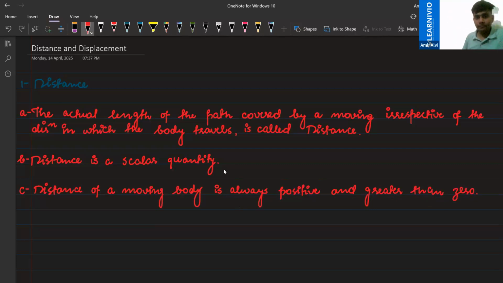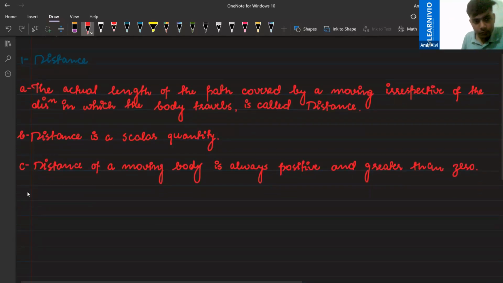I hope it's clear to you. Next would be the SI unit in which we measure the distance.